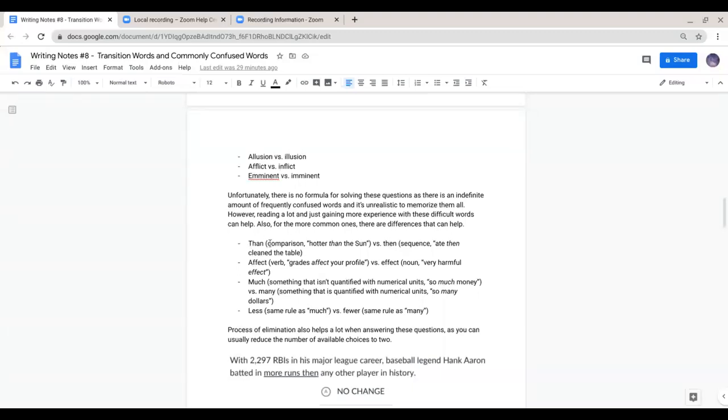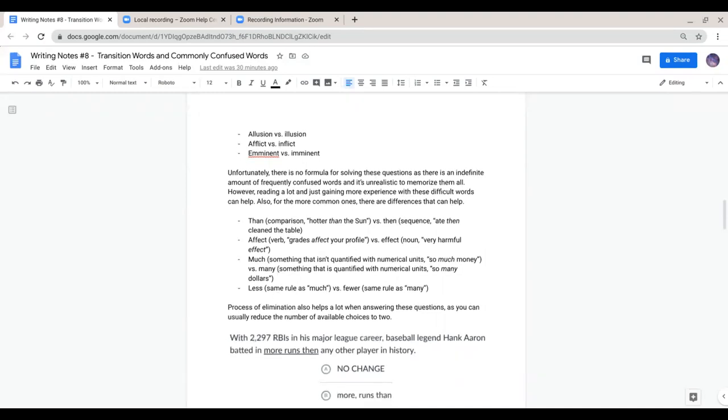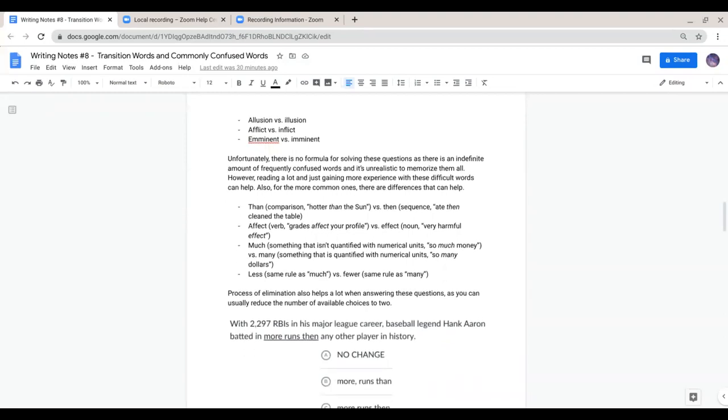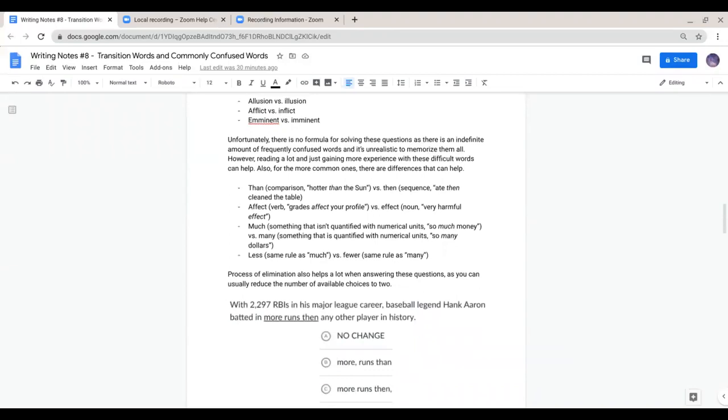Than is what you use in comparisons, so hotter than the sun, and then presents a sequence, like a person ate, then cleaned the table. I have all these examples here. Just read through those. These are the most common ones, but just read more and get used to these. Process of elimination also helps a lot for most writing questions, but these ones especially since there's no rule to solve these.